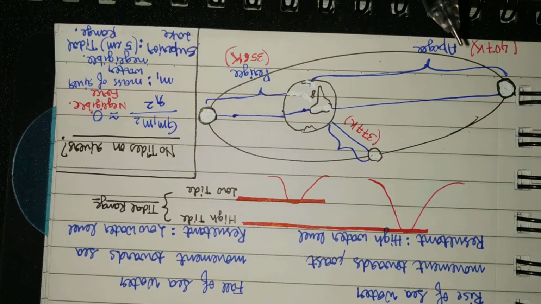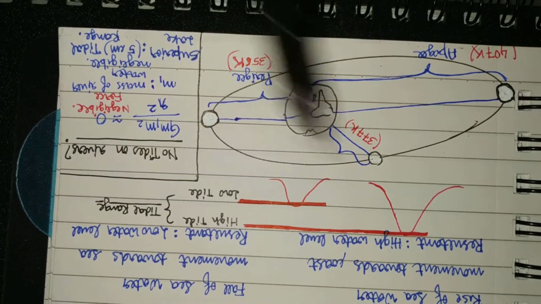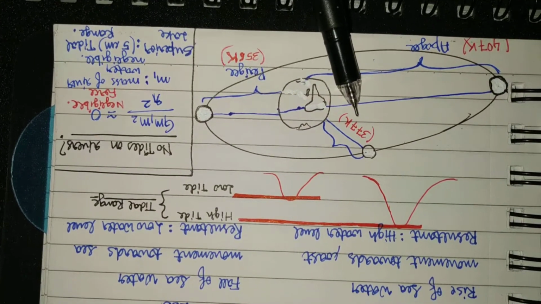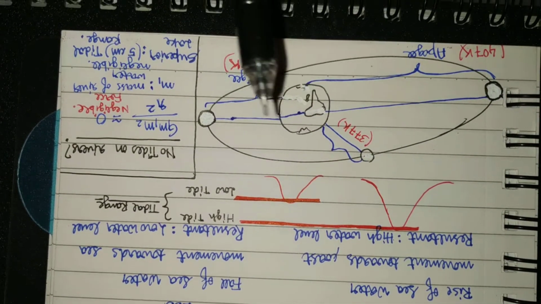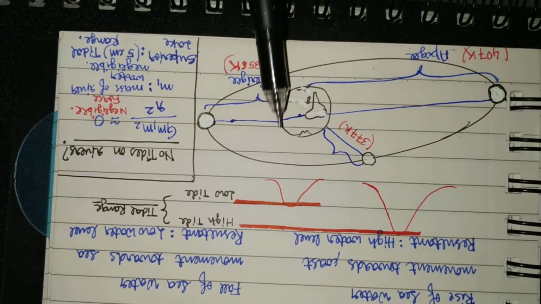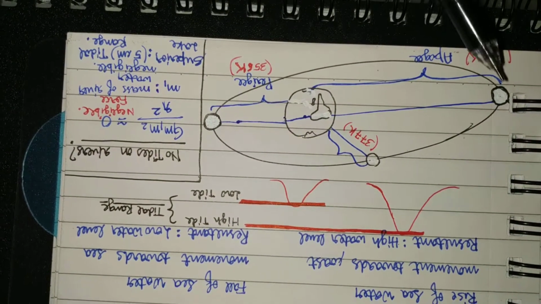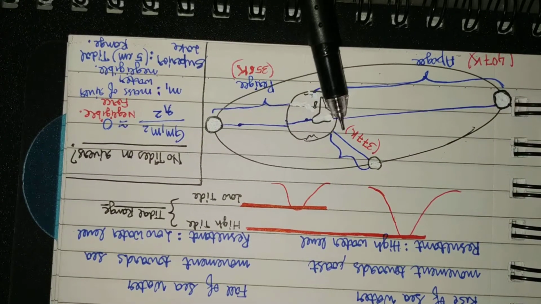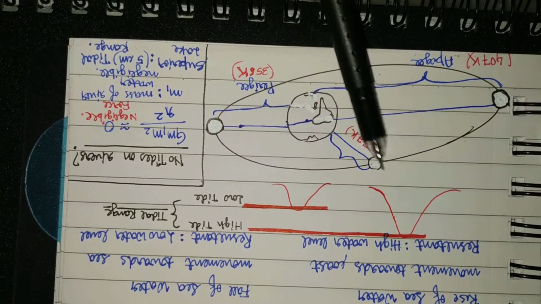It's around 407,000 kilometers, and the average distance is around 377,000 kilometers. You must be very clear up till now that the high tide would occur at perigee in case of the moon. The low tide in case of the moon would be at apogee. This is the average distance.